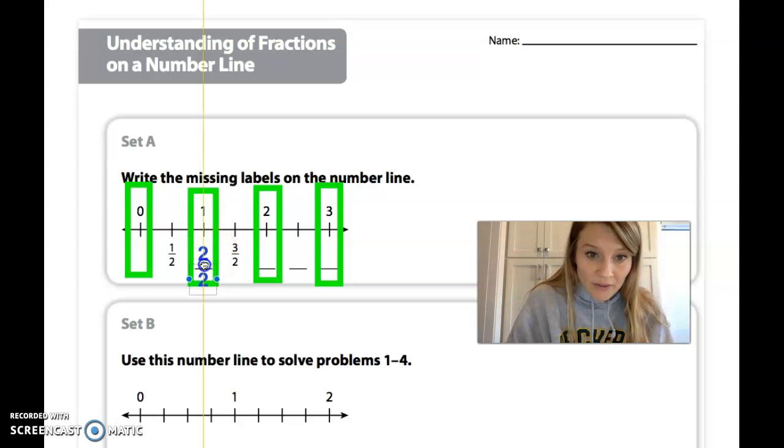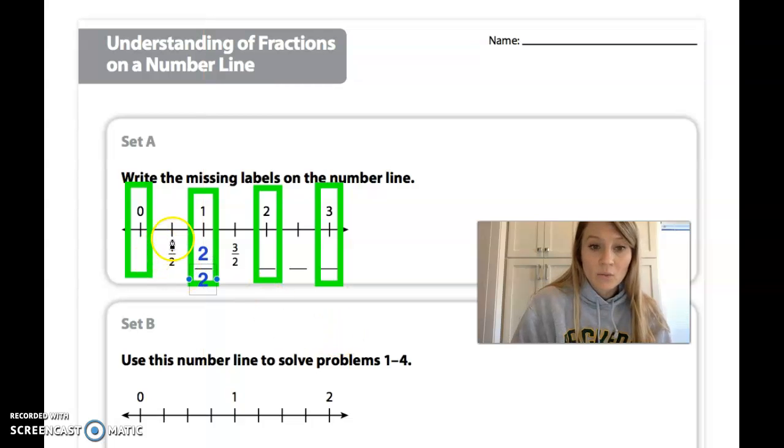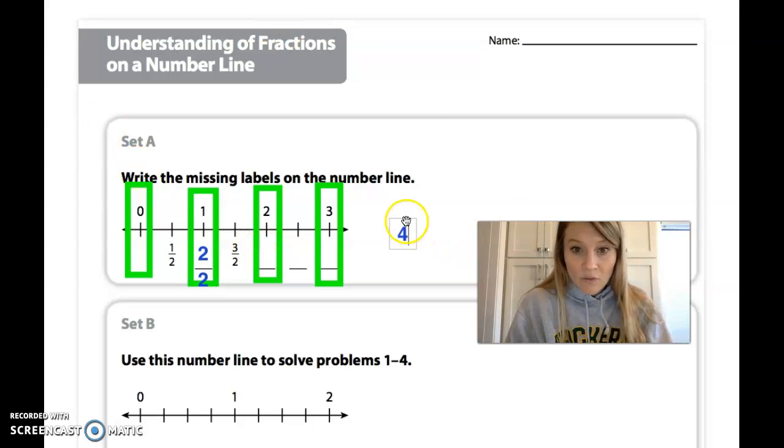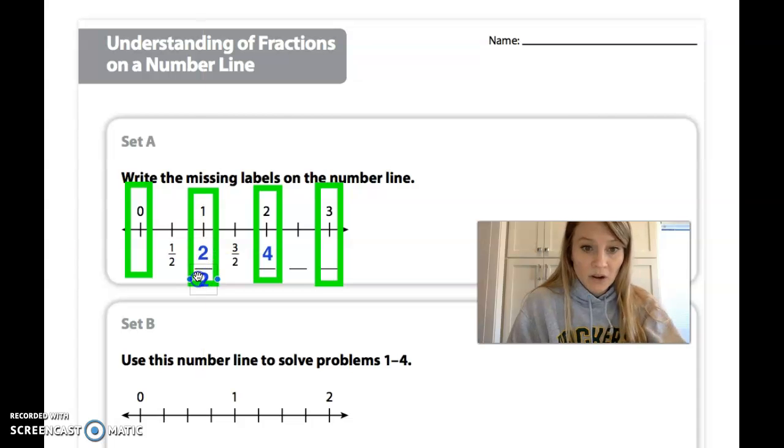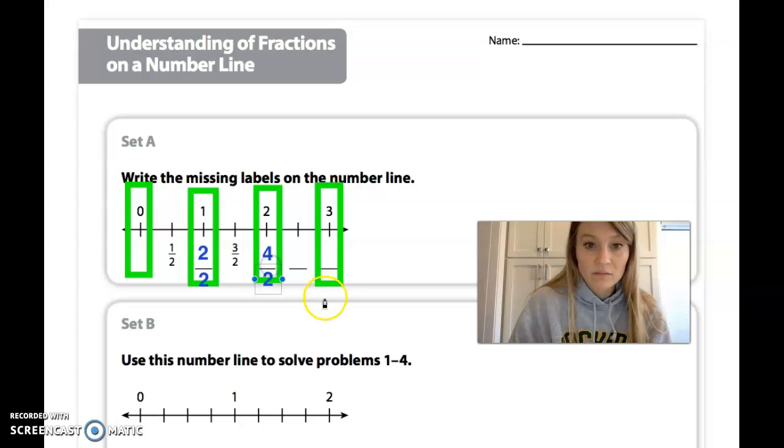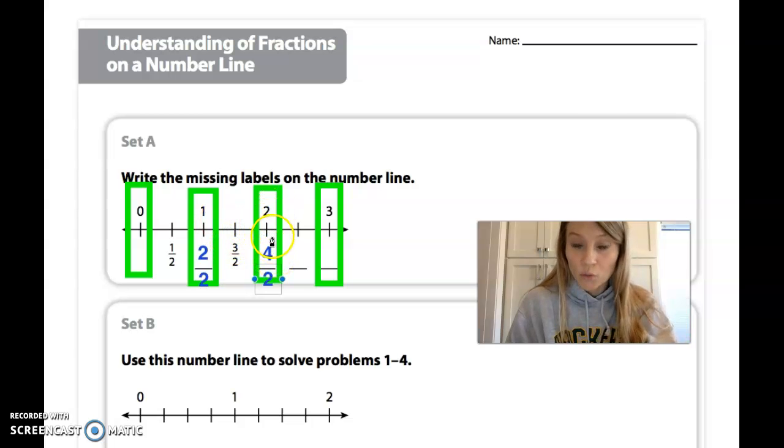It's 2 halves. 1 half, 2 halves, 3 halves. What would be here? 4, and what's my denominator? I'm going to copy this one again. 4 halves.